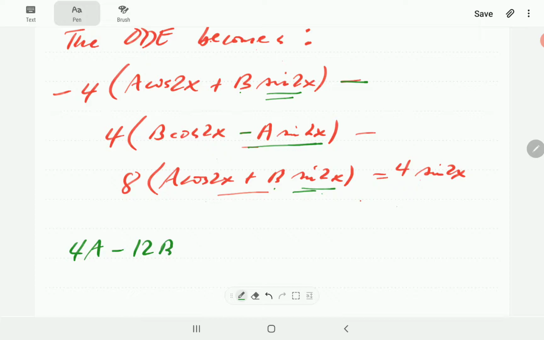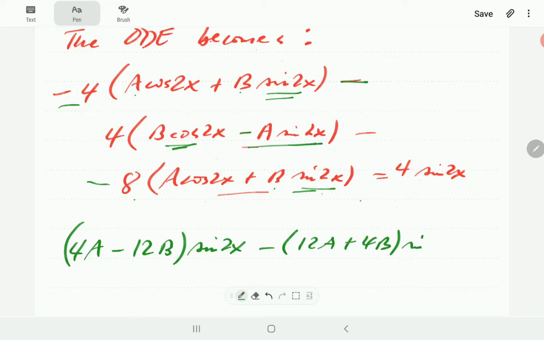So it's going to be minus 12b times sine 2x. Then we do the cosines. We've got the a's here, minus 4 and minus 8, so that's going to be minus 12. And then this one here is minus 4b. These are the cosines now, cosine 2x. Then on the right hand side we've got 4 sine 2x.